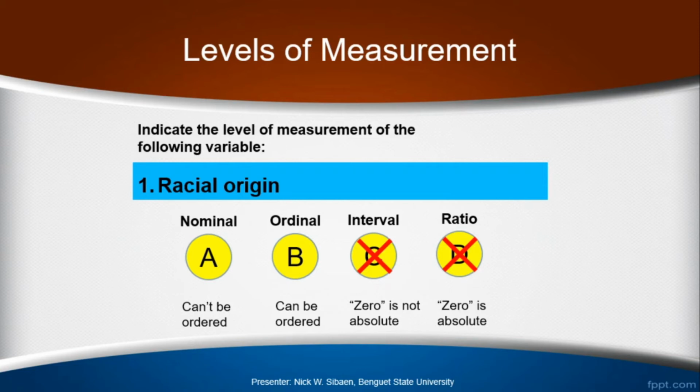But to answer that question, we need to think whether the values of racial origin can be ranked or not, because that's the identifying factor. Can you rank your racial origin? Can you say that one origin is better or comes first than the others? No, you cannot rank racial origin. Otherwise, you would be racist. So the correct answer is A. It is nominal. Racial origin cannot be ranked.